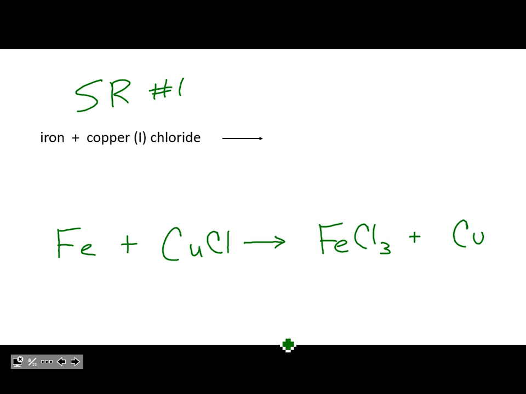So I have to put a 3 in front of my copper 1 chloride. That gets my chlorines balanced, but then that unbalances my copper. So over here I have to put a 3. And once I have done that, do we have a balanced chemical equation? Yes. So we are now balanced.